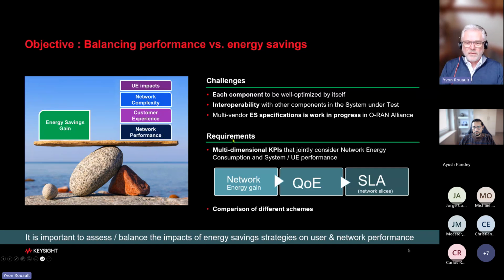All these things must be considered together. You will see later in my presentation that when we evaluate energy efficiency, we have multidimensional graphs that show the impact of one parameter on the others. So it's very important to put every change in the network configuration in perspective with its impact on the other parameters.